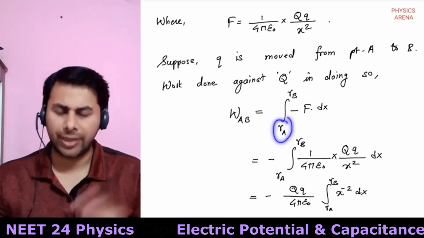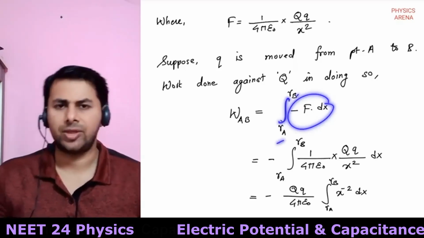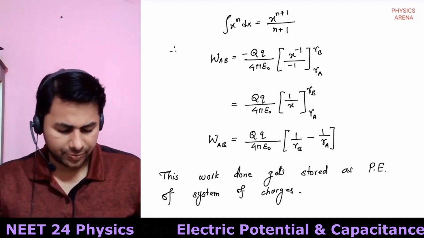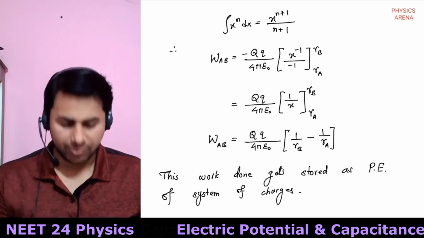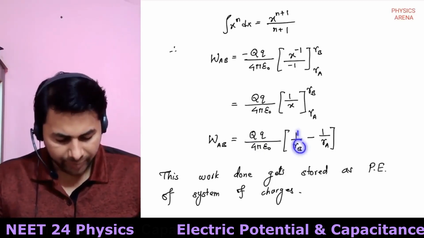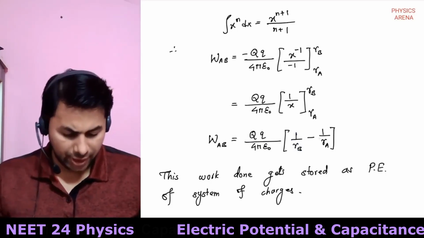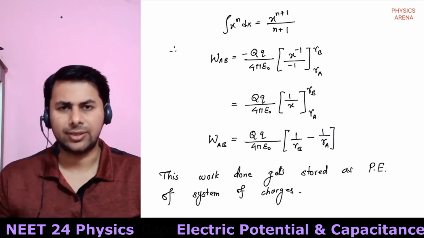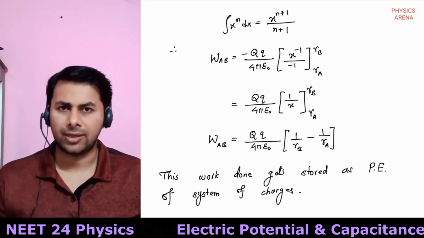Then if we want to move it from A to B, work done would be the integral of this thing from RA to RB. That integral comes out to be equal to, work done to bring from A to B, capital Q times small q divided by 4 pi epsilon naught multiplied by 1 upon RB, 1 upon the distance of the final position from the charge, minus 1 upon the distance of the initial position from the charge capital Q. So 1 upon RB minus 1 upon RA.